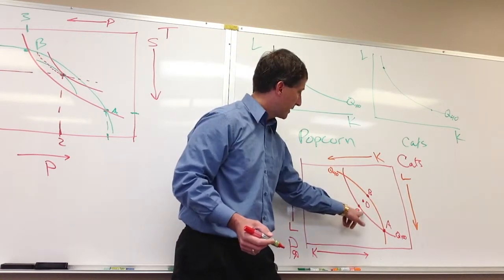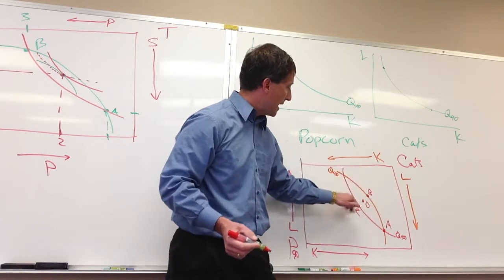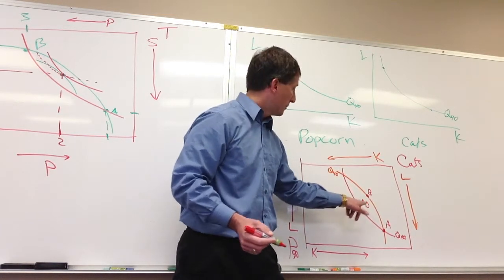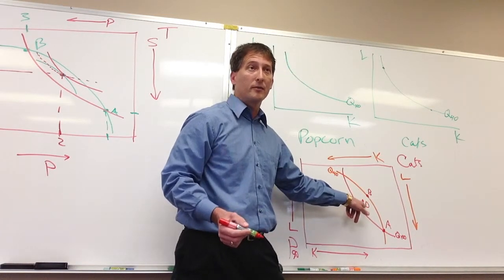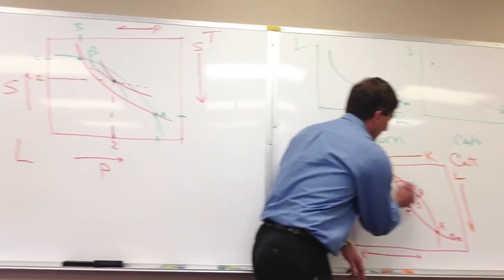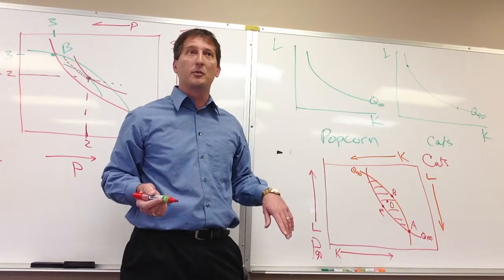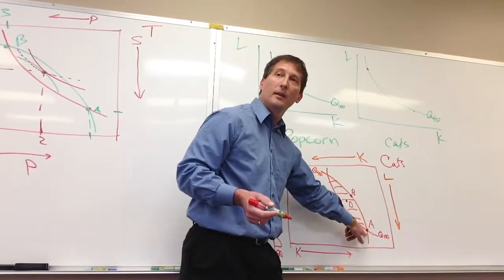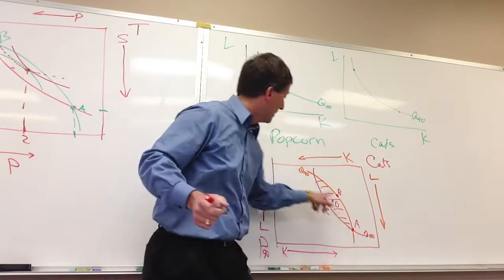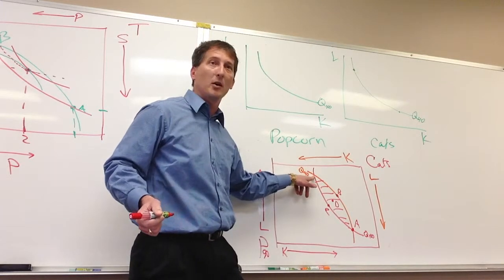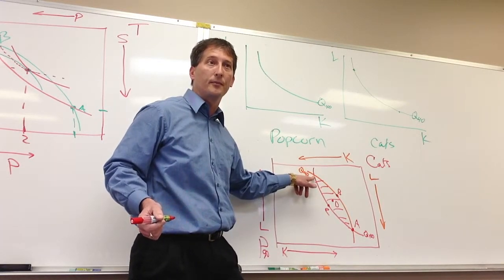Point E says we could have more cats and the same amount of popcorn. Point D says we could have more of both. Right? So anywhere in the football region represents a Pareto improvement compared to point A. Now, similar to what we saw in this problem, this point would be no Pareto improvement.